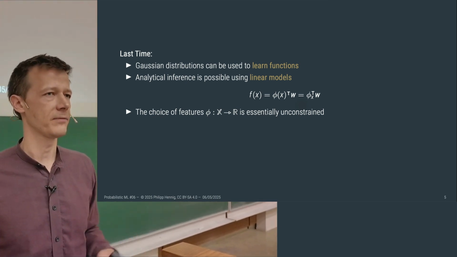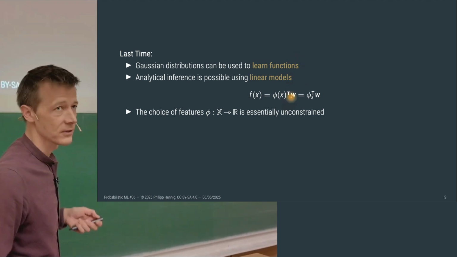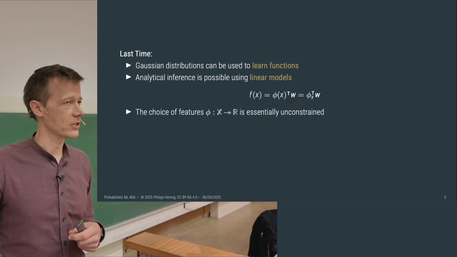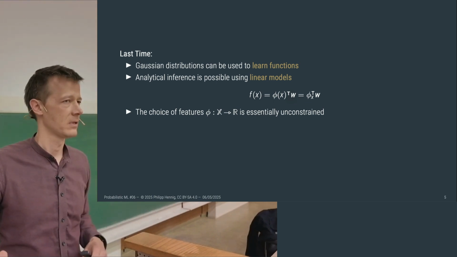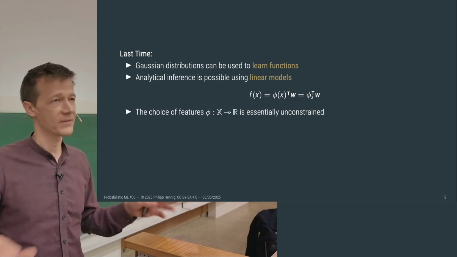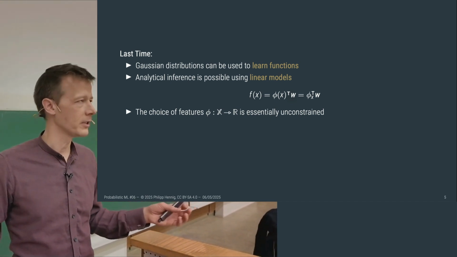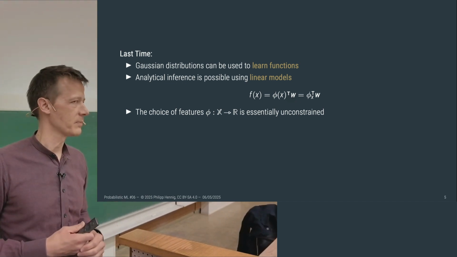A parametric model, this is called, because it explicitly uses parameters, W. And we realized at the very end of the lecture that you basically get to pick what these features are completely freely. It's sort of tempting to think of some special features, like the Fourier basis, or the polynomial basis, or some other kind of interesting basis of some function spaces.